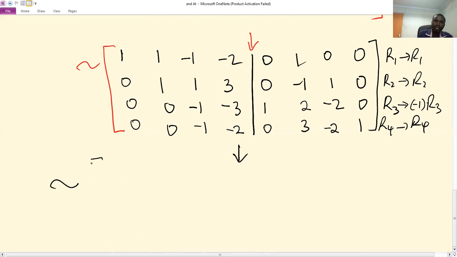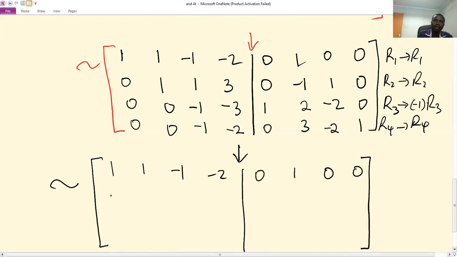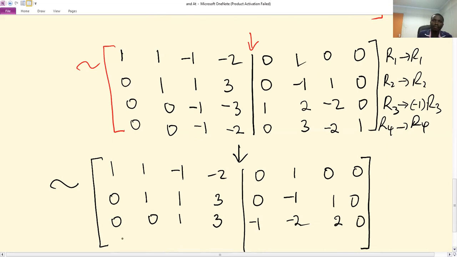So that we have an equivalent matrix 1, 1, minus 1, minus 2, 0, 1, 0, 0, 0, 1, 1, 3, 0, minus 1, 1, 0, 0, 0, 1, 3, minus 1, minus 2, 2, 0, 0, 0, minus 1, minus 2, 0, 3, minus 2, 1.